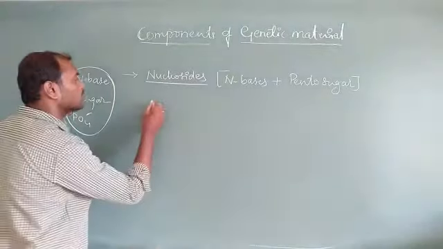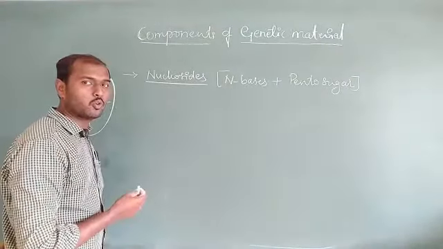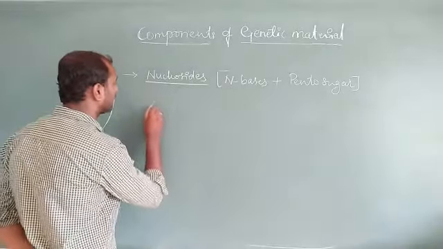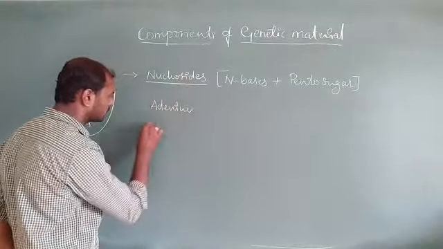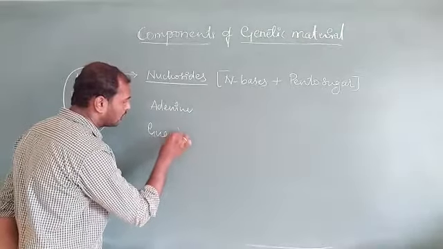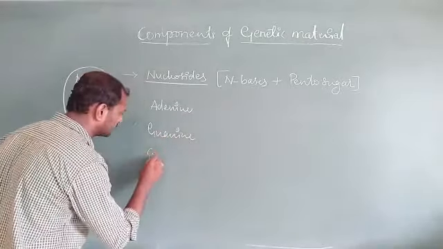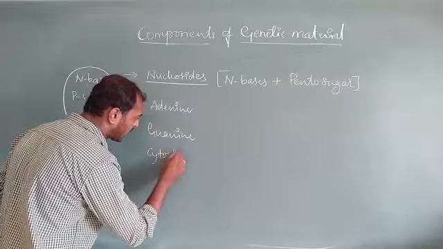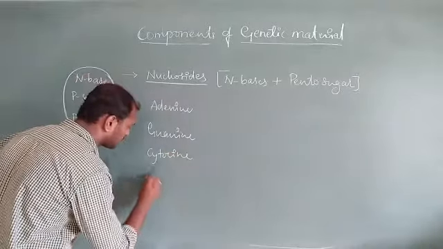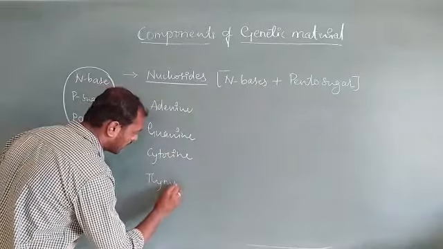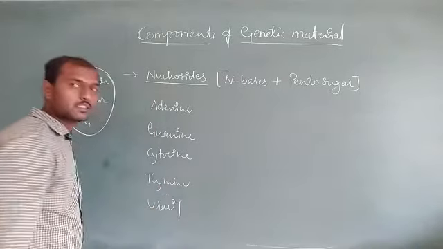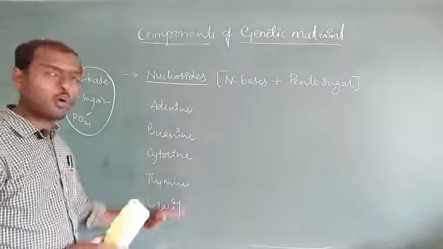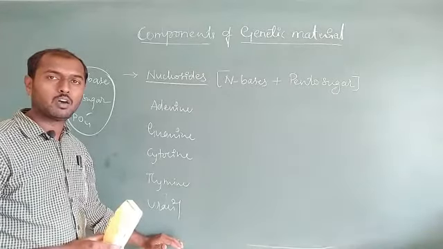Okay, so how many types of nitrogen bases are there? That is adenine, guanine, cytosine, thymine and uracil. These are the kinds of nitrogen bases.